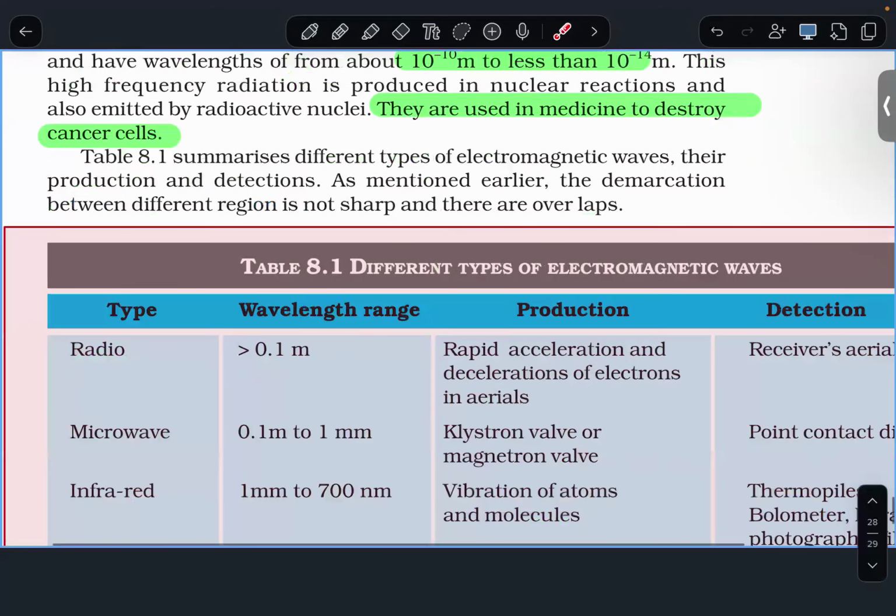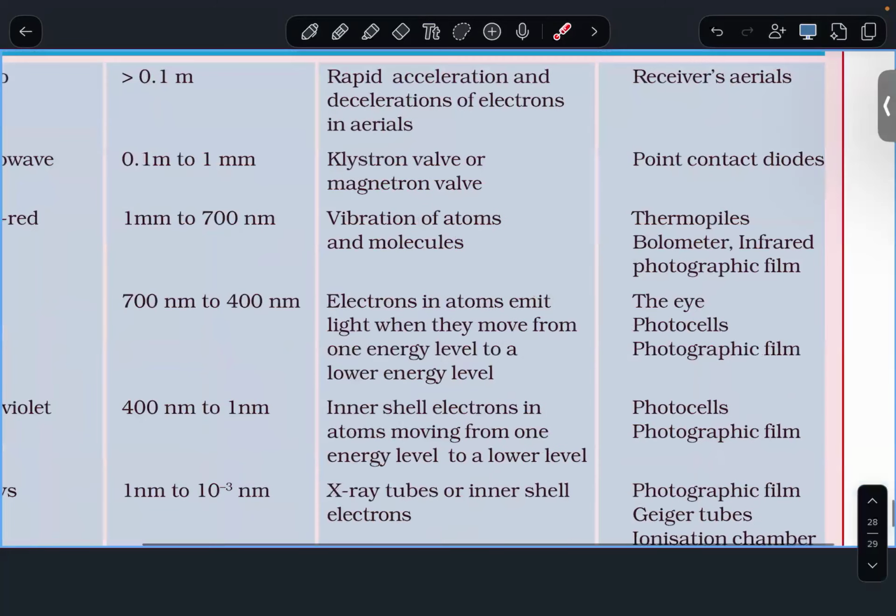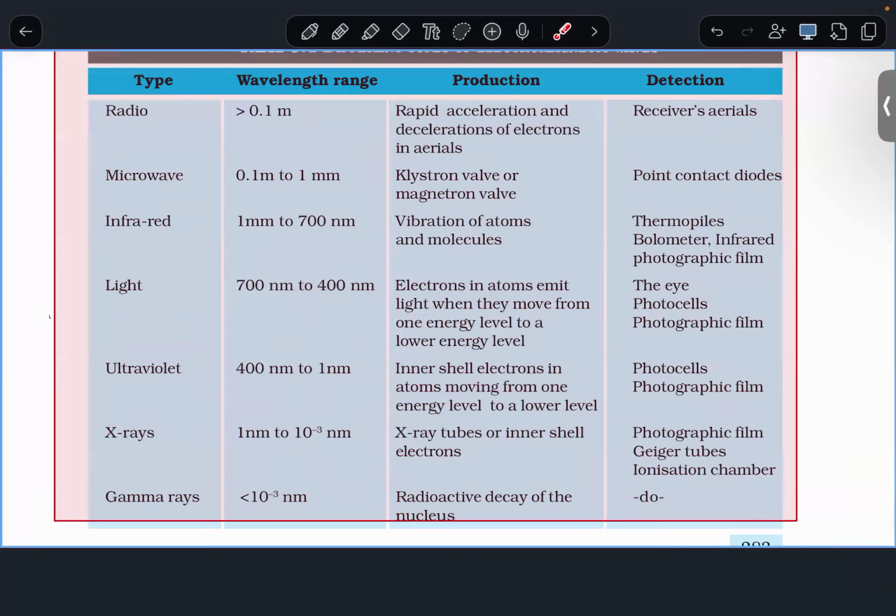You should remember this table well; it will help you the maximum. Radio waves: production by rapid acceleration and deceleration of electrons in aerials, antenna. Microwaves: klystron valve, magnetron valve, Gunn diode. Detection: point contact diodes.